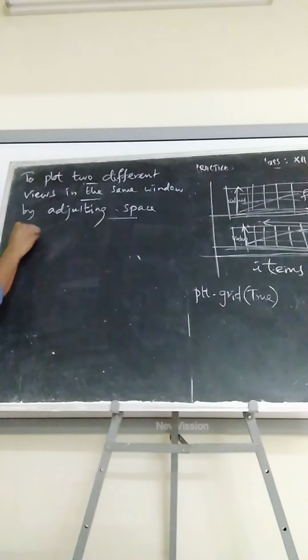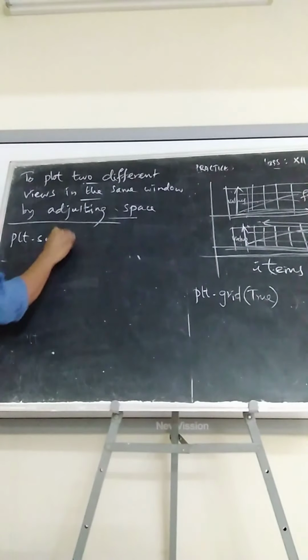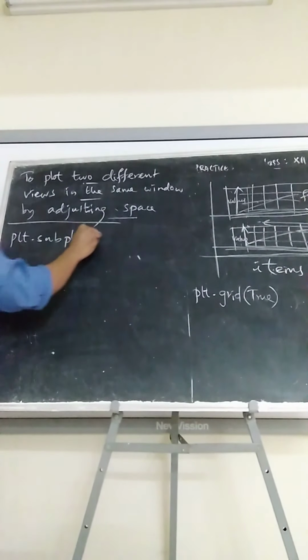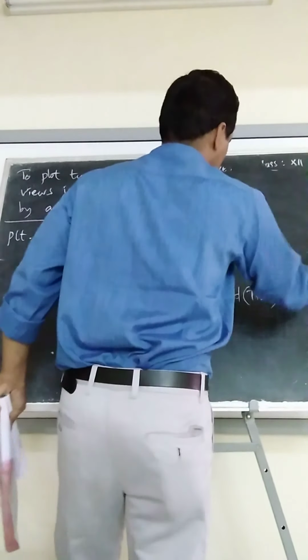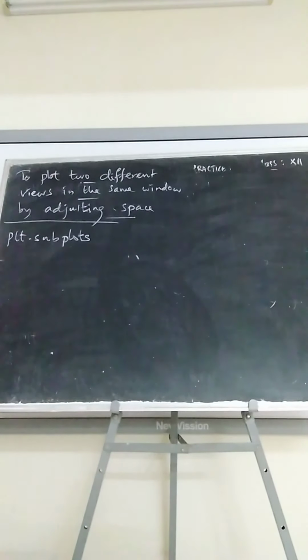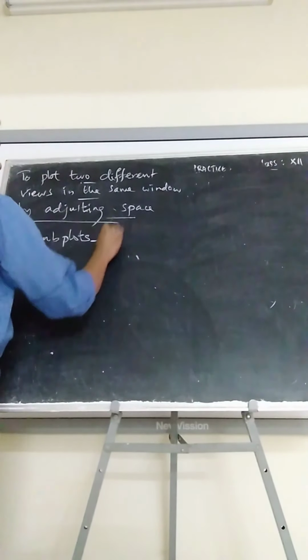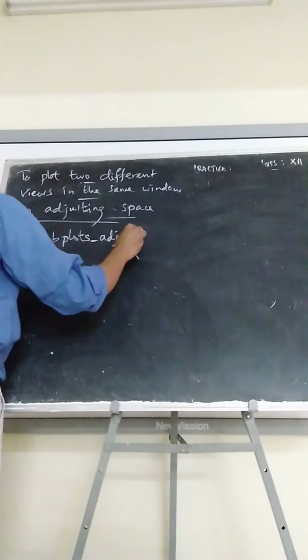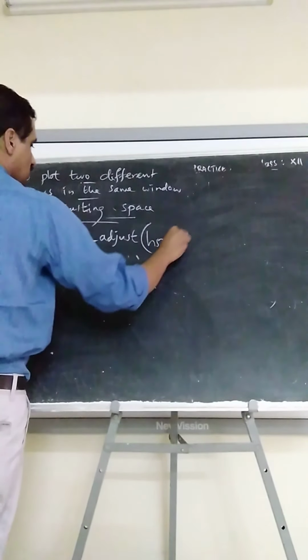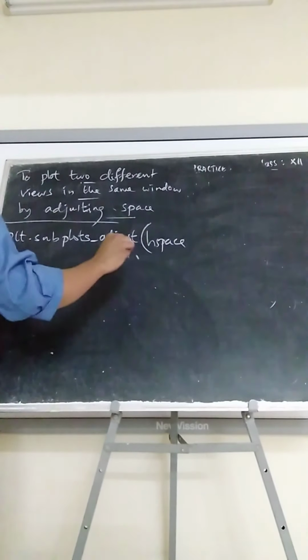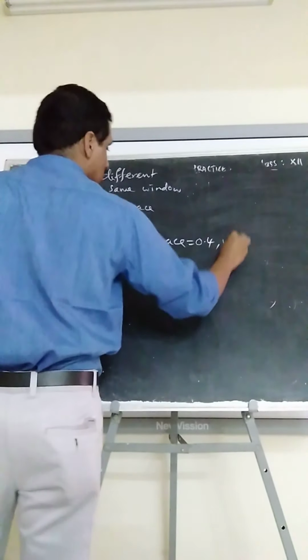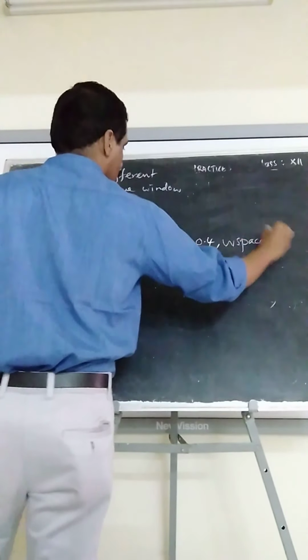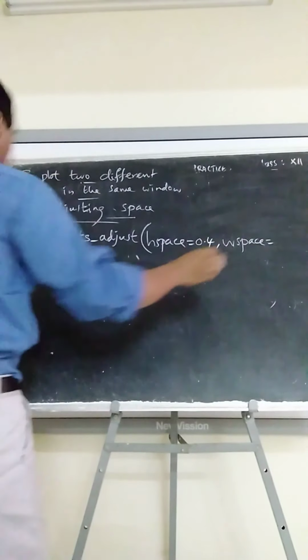That statement is plt.subplots_adjust, with brackets, hspace, meaning horizontal space, equal to 0.4, comma, wspace, that is width space, equal to 0.4.